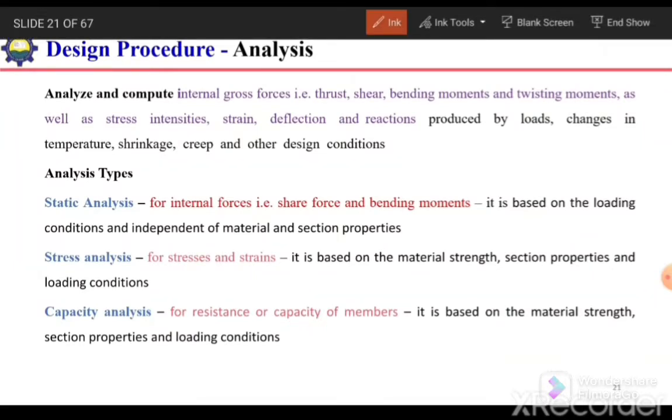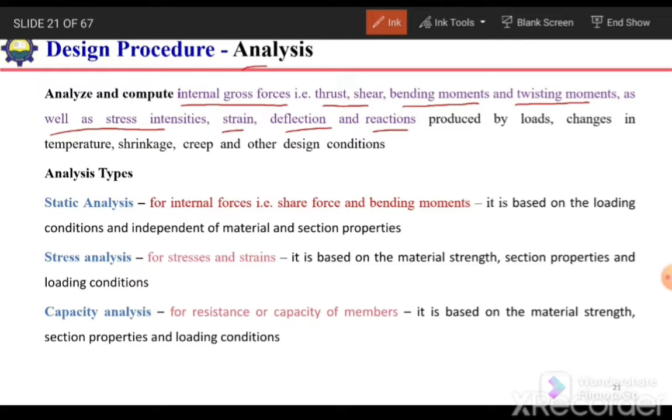The next step is analysis. So analyze and compute internal gross forces, which include thrust, shear, bending moment, twisting, as well as stresses, strain, deflection, and reaction.